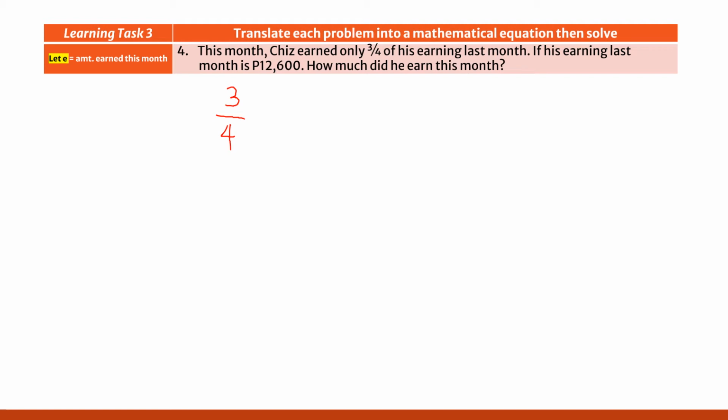So, times 12,600, okay? Is what? Cheese's earning this month. Okay? So, what is 3/4 of 12,600?